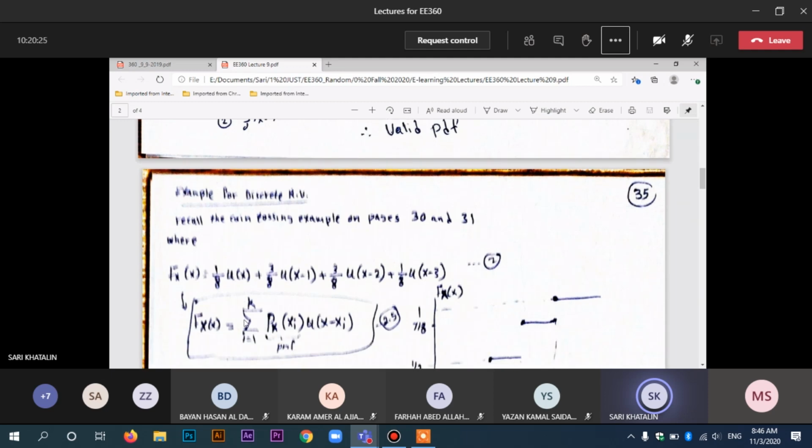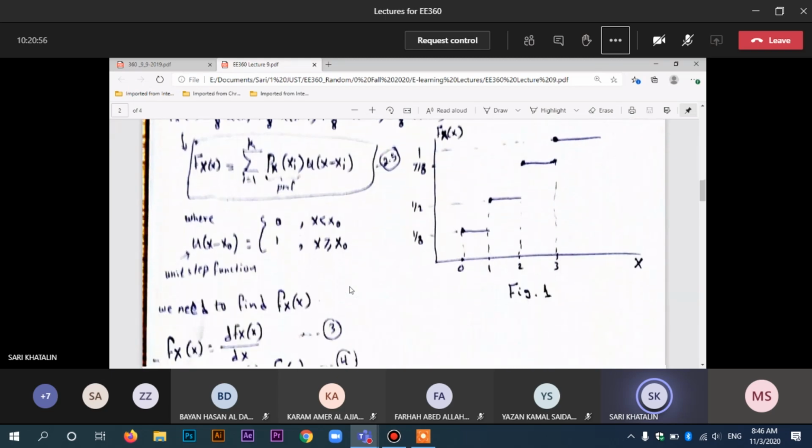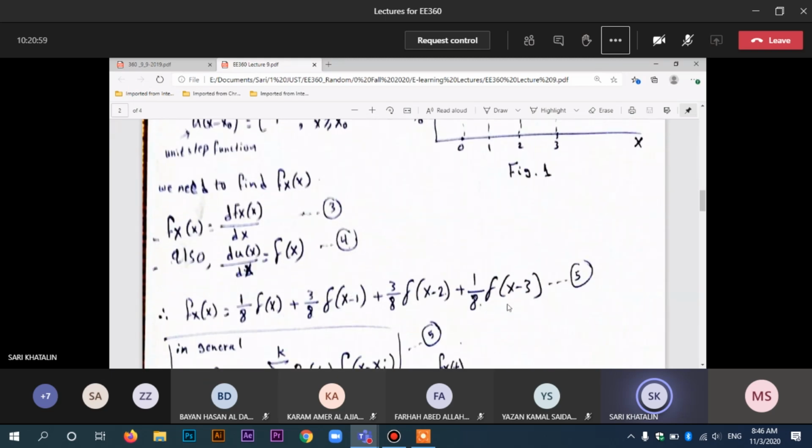The derivative of u of x with respect to x will give you a unit impulse function, or delta function. So the first one is going to be 1/8 times the impulse function. The second one is going to be 3/8 times the impulse function shifted by 1. The other one is 3/8 times the impulse function shifted by 2. And the third one is the same thing. So you will end up with this function right here.